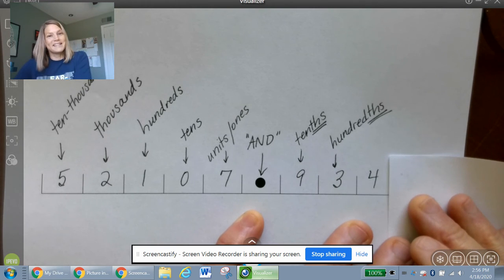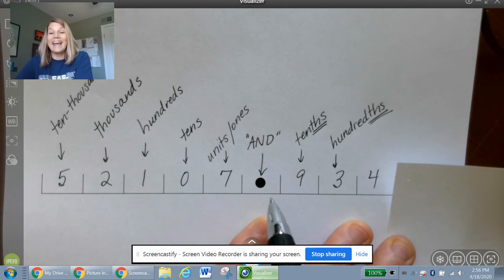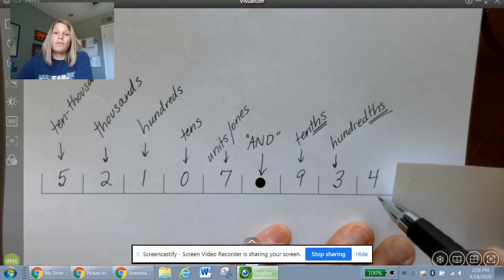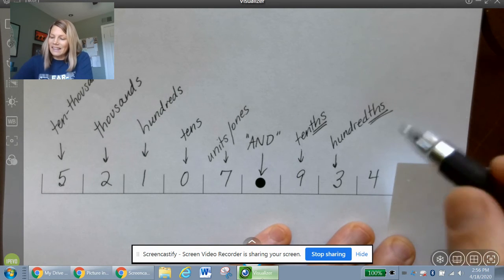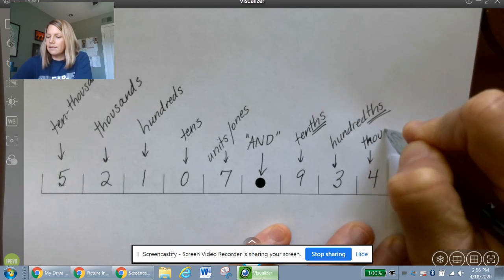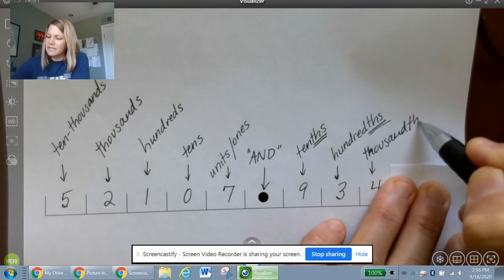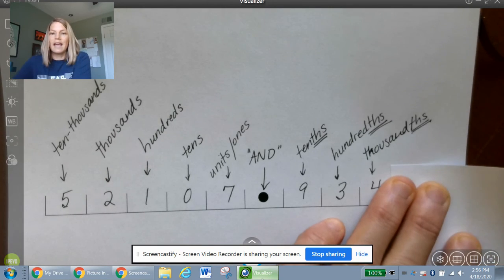If I extend it one more place value, this would be 52,107 and 934 thousandths. So this is the thousandths. So again, spelled like 1,000, but with a THS at the end.